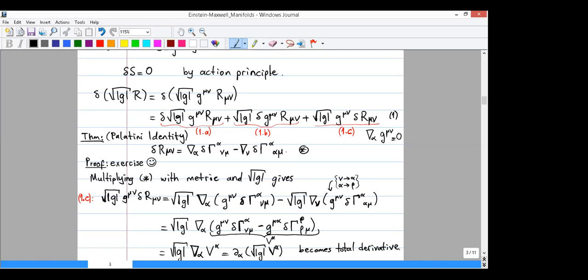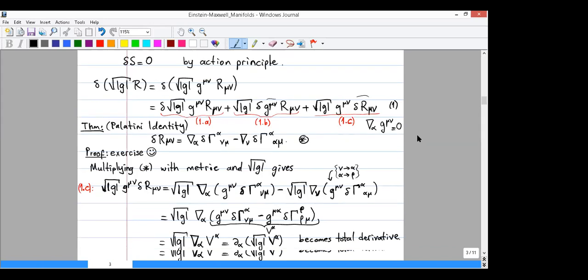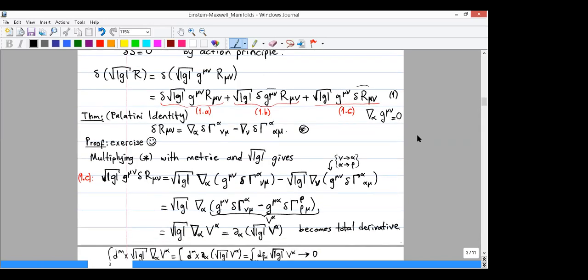So the first term becomes delta of square root of G times g^mu_nu R_mu_nu, which is just R. And the second, we apply to g^mu_nu, and the third one should be applied by standard derivation. Here we are also going to use the metric compatibility, as you remember.